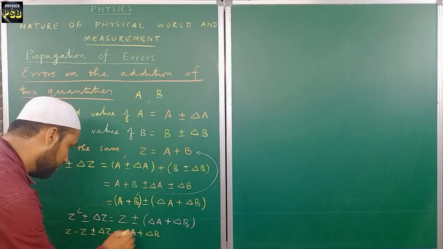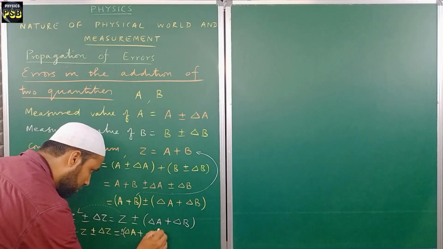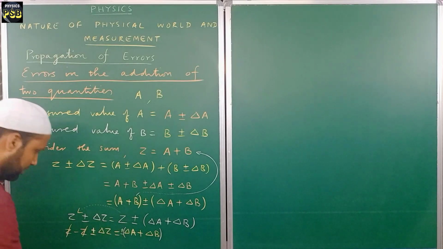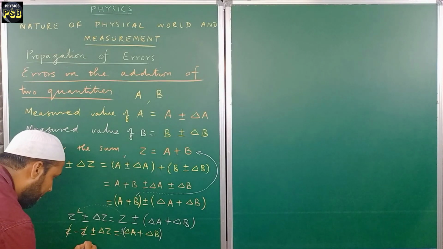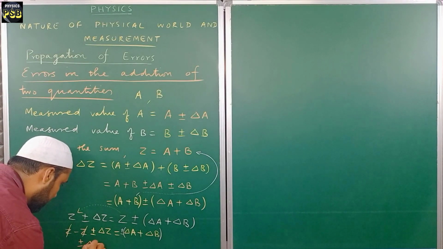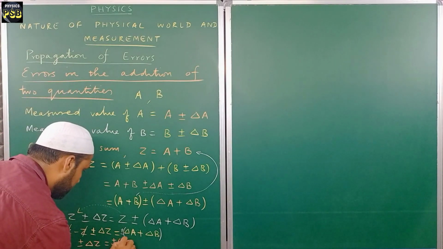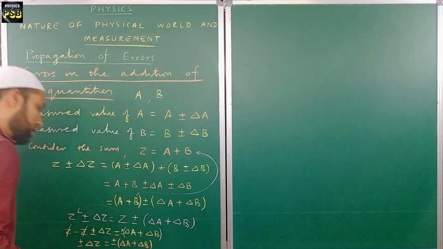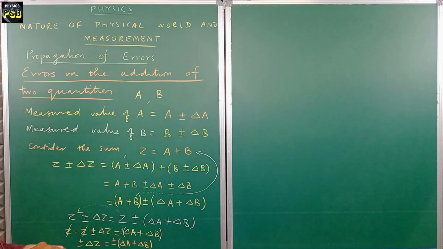And what do we have here in front? Plus or minus, as you can bracket. So these two get cancelled, and what remains here is plus or minus delta Z equal to plus or minus delta A plus delta B. Now both sides we have this symbol, so it can be removed.